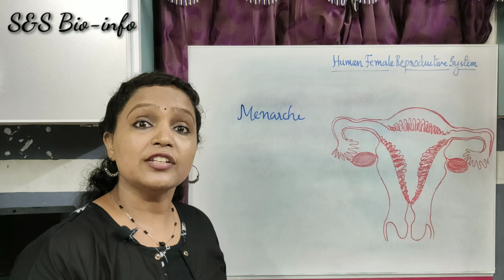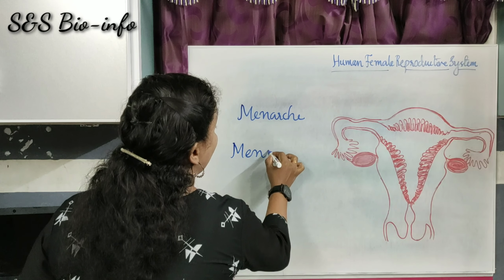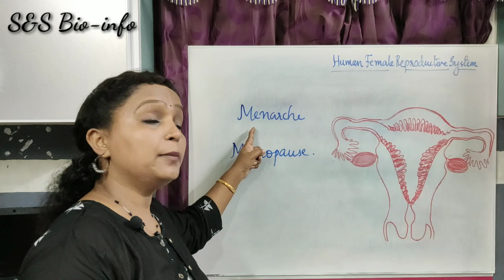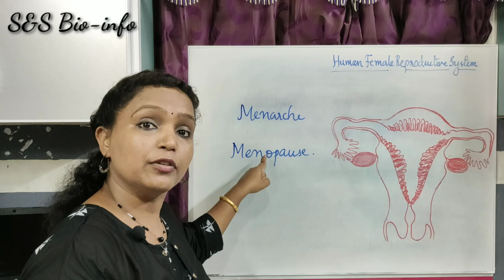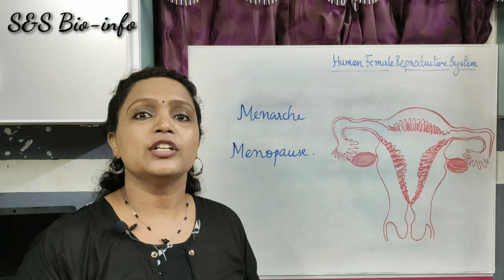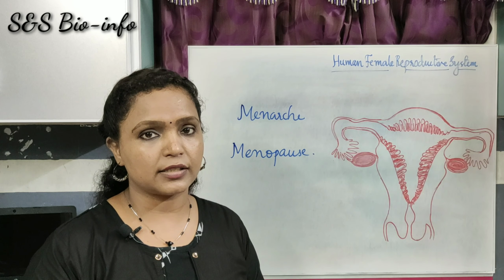Then the female reaches the menopause stage, which is the stoppage of the menstrual cycle. The period between menarche and menopause is the reproductive period of the human female. So it is obviously shorter than that of the human male's reproductive phase.